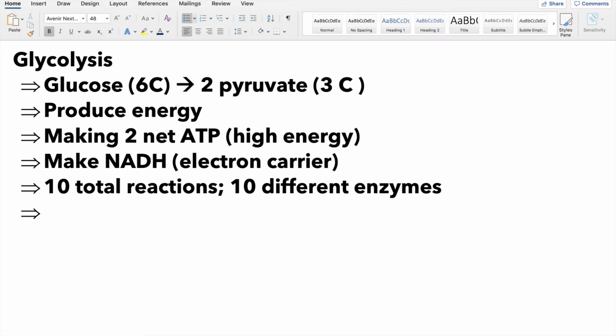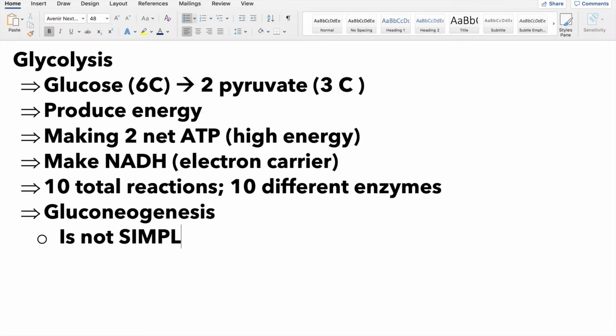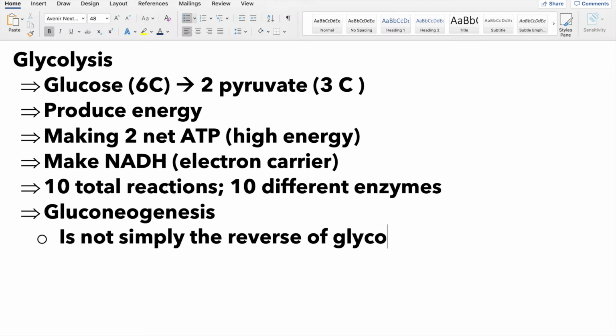And glycolysis, we said, was the breakdown of glucose, correct? But the opposite pathway of glycolysis is gluconeogenesis. And so gluconeogenesis is the production of glucose. And one important thing that you need to know about gluconeogenesis is that it is not simply the reverse of glycolysis.